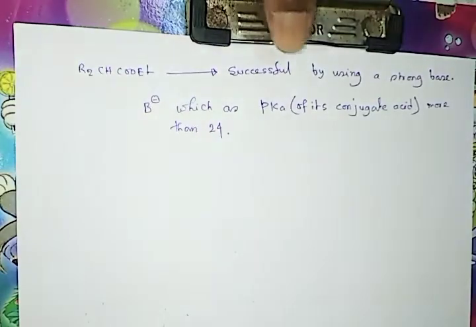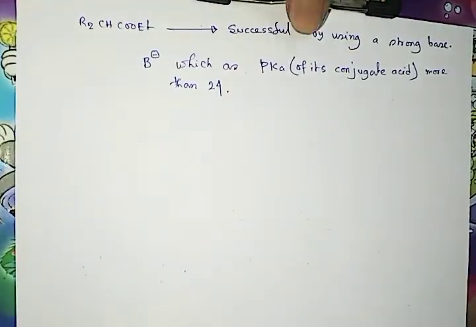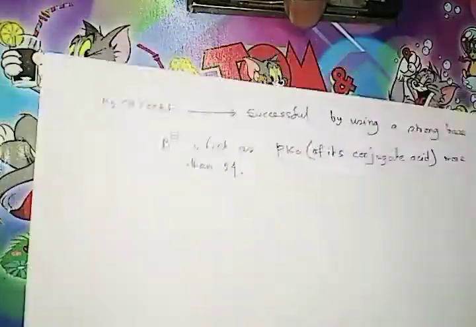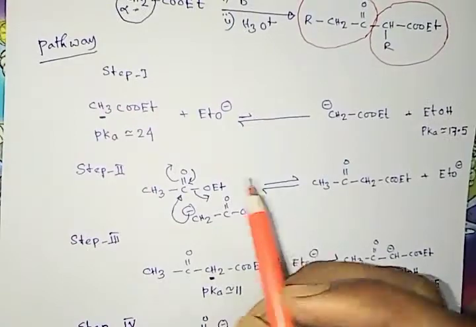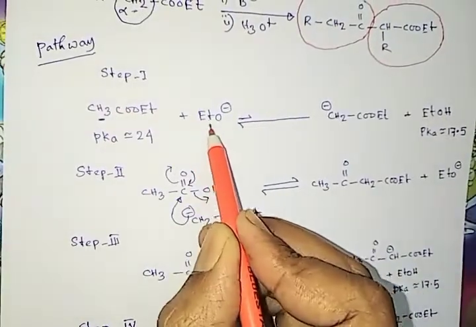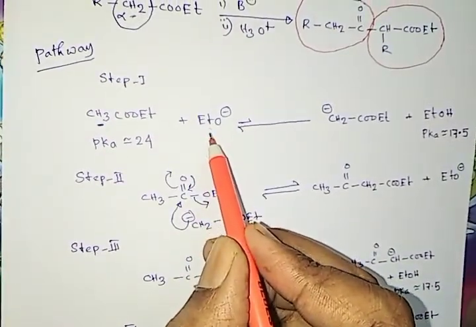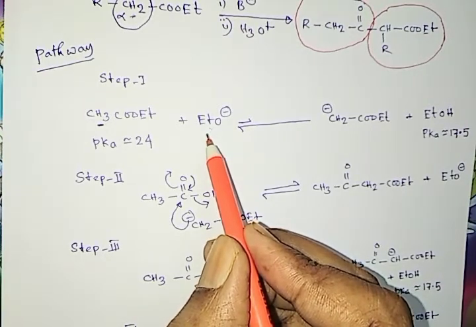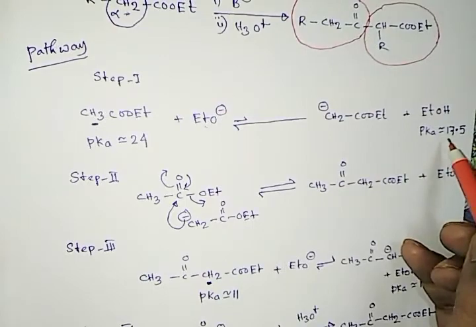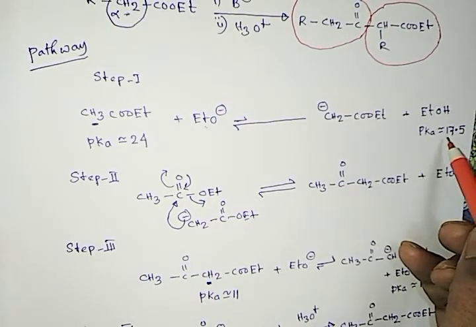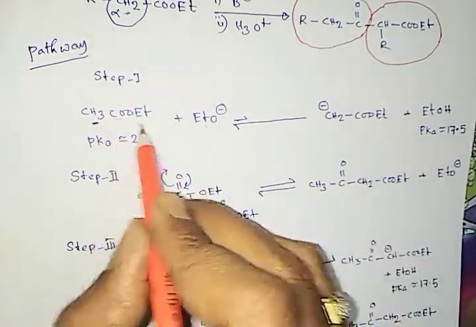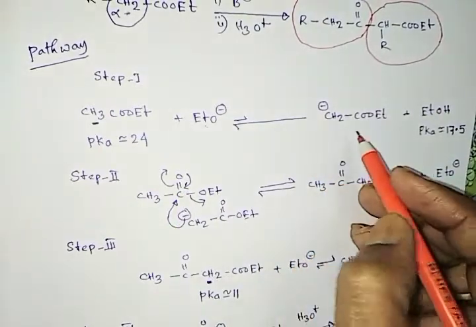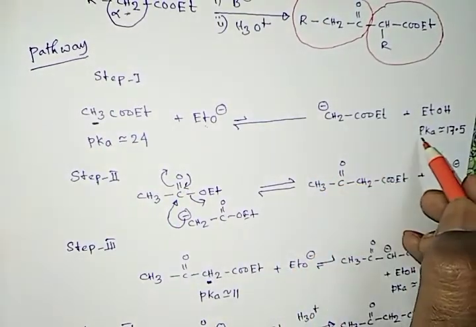Why? Because if the pKa is more than 24, you see here, if in the first step we use a base whose conjugate acid has a pKa of more than 24, then at the very first step the reaction will be driven towards the right side.